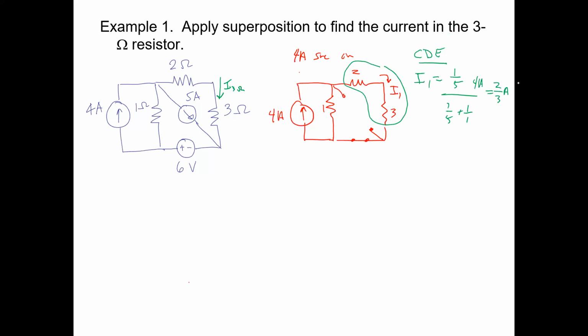And it might be helpful, because sometimes some of these sources might have the current going in another direction, to draw that arrow going down, because that's the direction that we're talking about for I1. So in other words, the total current going through the 3 ohm resistor is going to be the sum of the current from these 3 different sources once we turn them on one at a time. And just the contribution from that one 4 amp source is 2/3 of an amp.